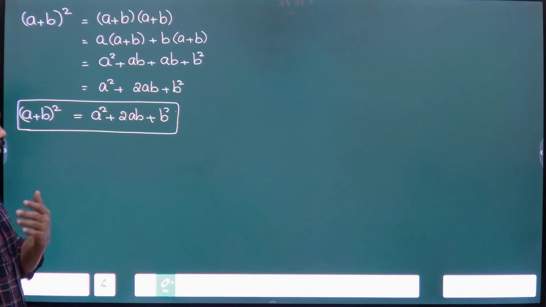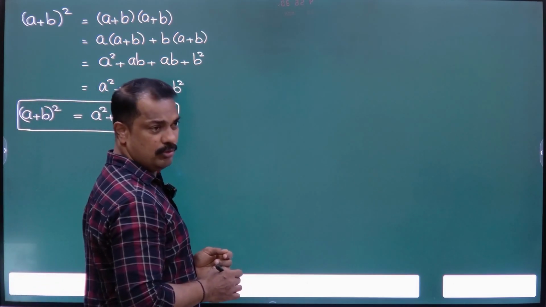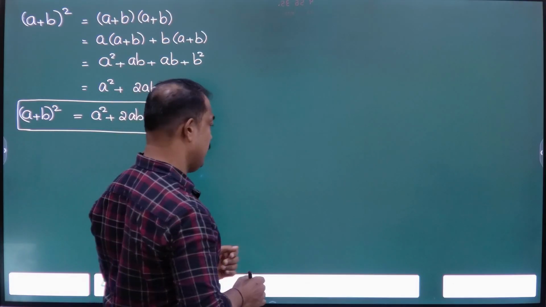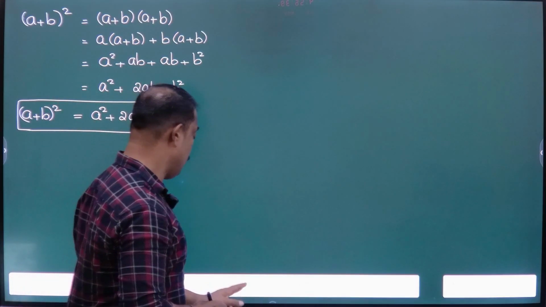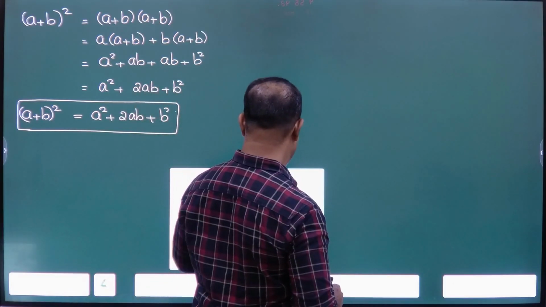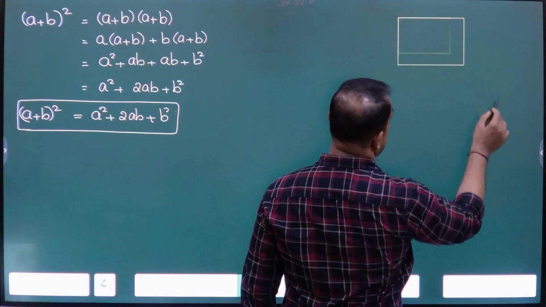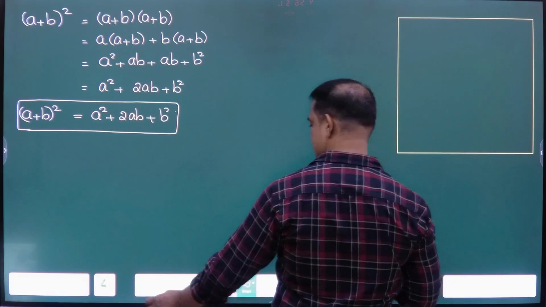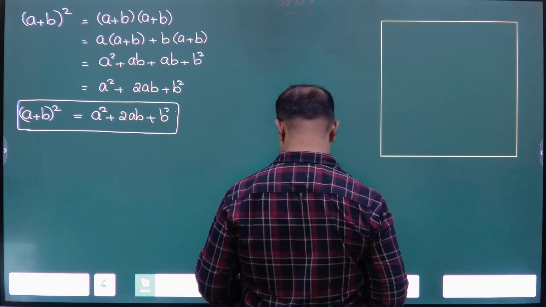Now, how to prove geometrically A plus B whole square? Listen. For this, we can prove this by using a square. By using a square. This method is clear? Read out. Okay. So take, draw a square.